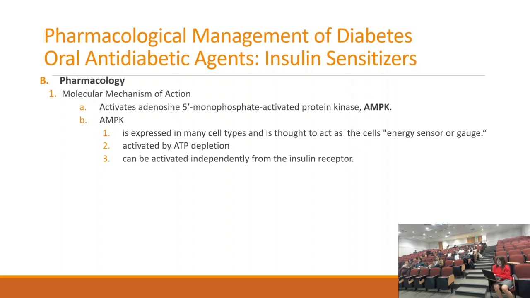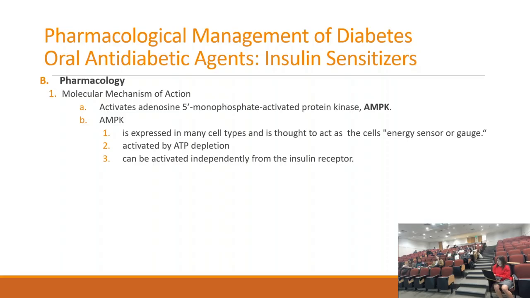AMPK is probably not an enzyme that you've learned about, even in biochemistry, but I like to think of it as the energy sensor, or gauge, inside of a cell. And it really senses or detects ATP usage, okay? So under normal circumstances, this enzyme is typically activated when ATP levels inside of a cell get low or become depleted.